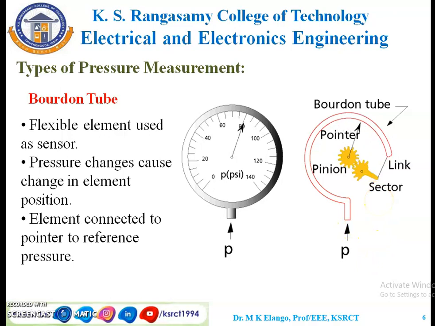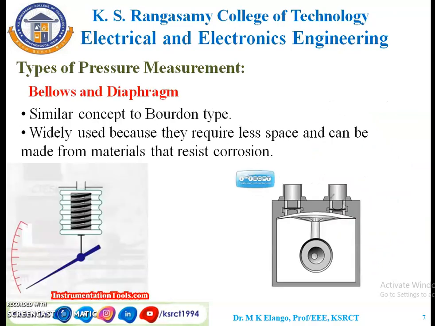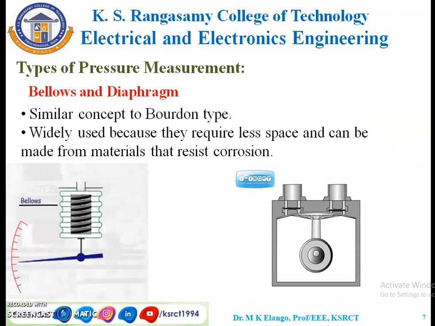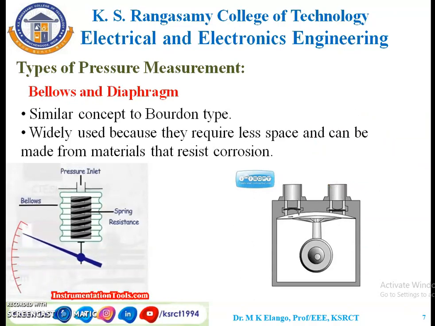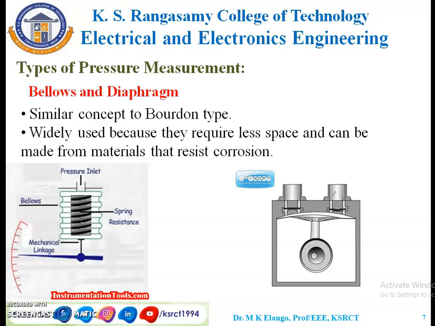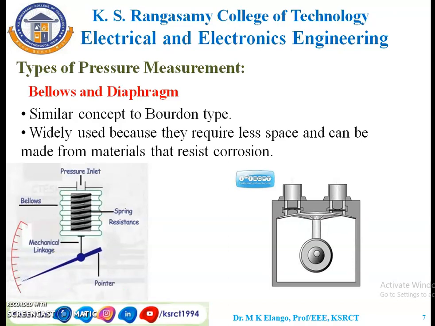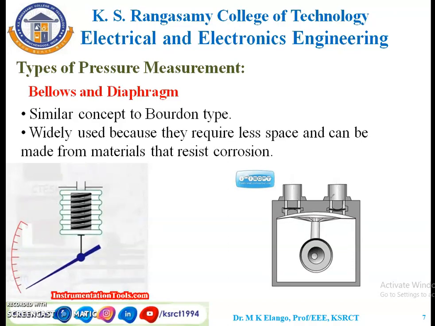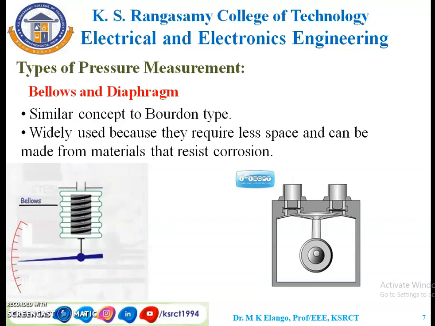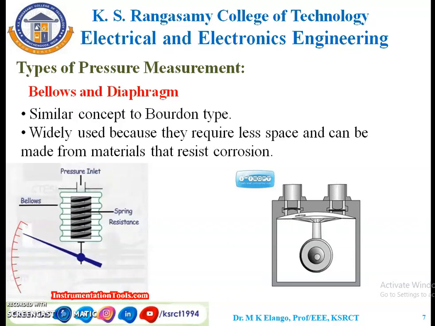Here the element is connected to the point or reference pressure, which we are going to measure. And the second one, bellows and diaphragm. The left hand side animation picture shows the bellows arrangement, and the right hand side animation picture shows the diaphragm, how we are going to measure the pressure.